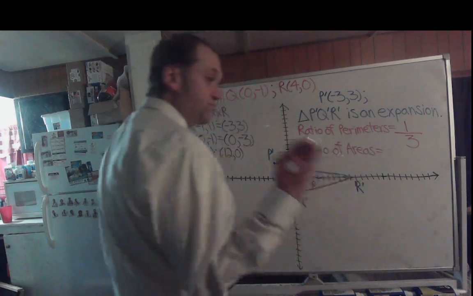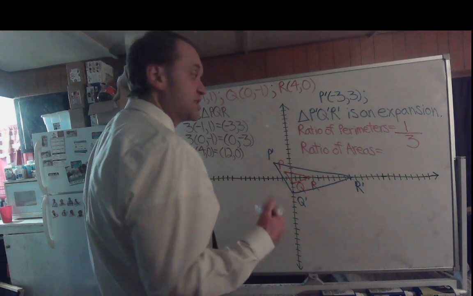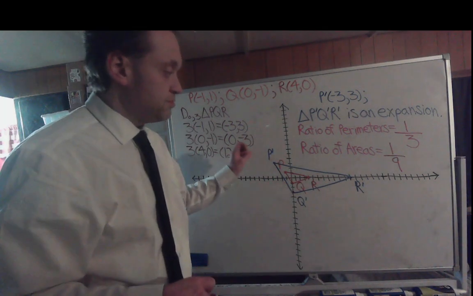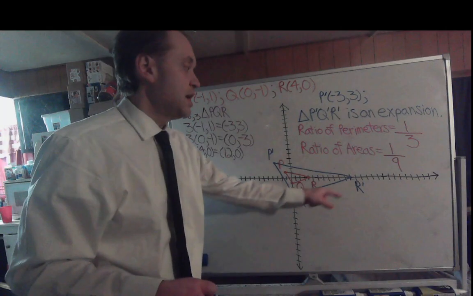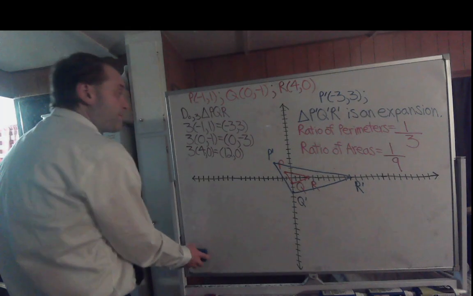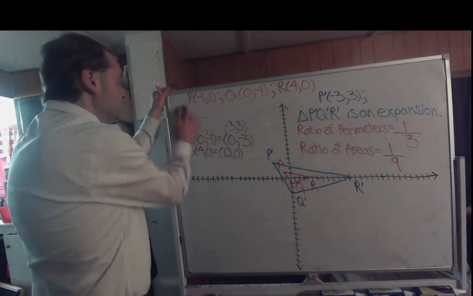For similar shapes, you just square the scale factor, which would give you 1/9. So the ratio of areas from triangle PQR to triangle P prime Q prime R prime is 1 to 9. And I got 3 more exercises like this.